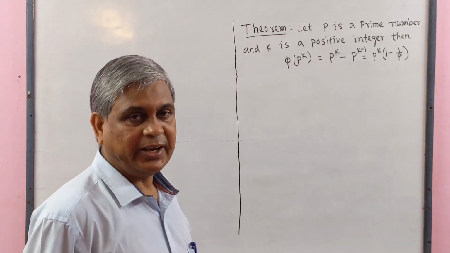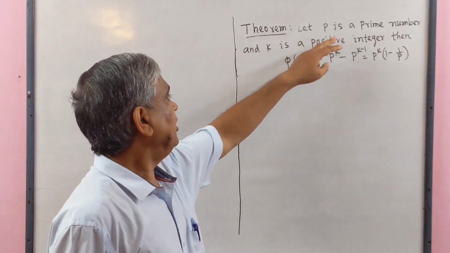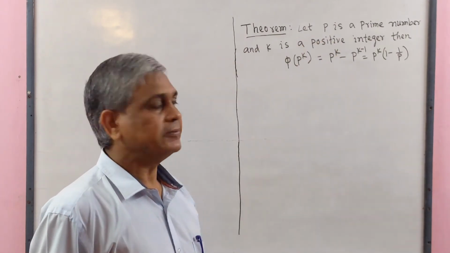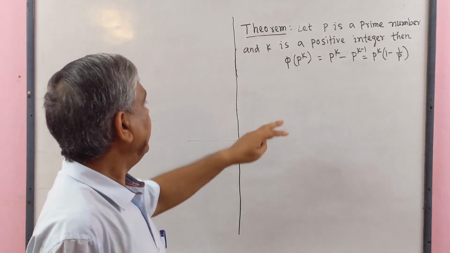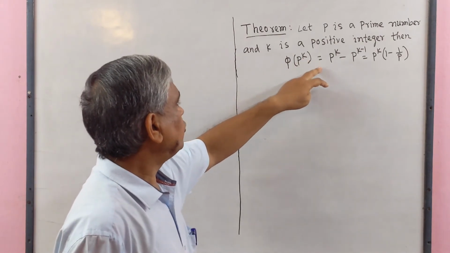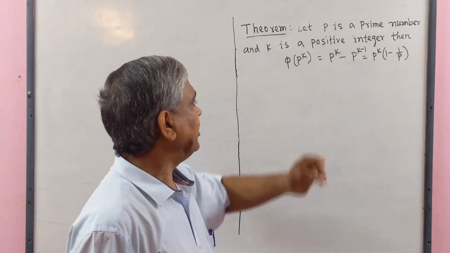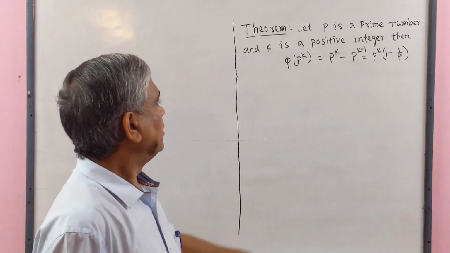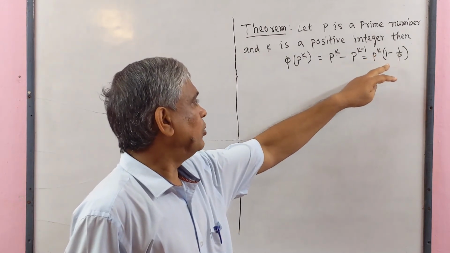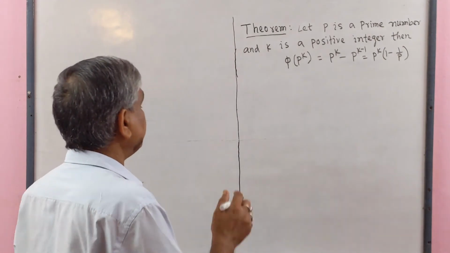Now we prove the next theorem. The theorem is: let p be a prime number and k a positive integer, then phi(p^k) equal to p^k minus p^(k minus 1), equal to p^k times (1 minus 1 by p). Now we prove this.